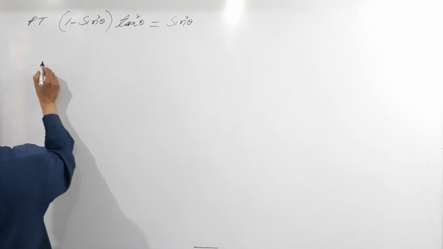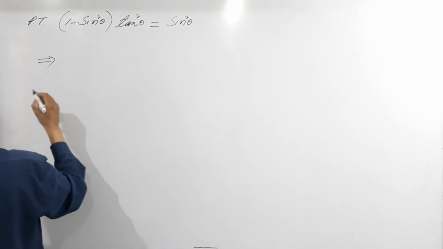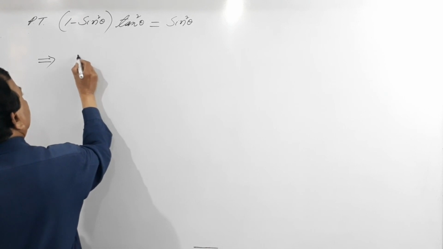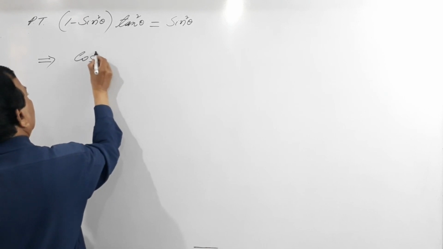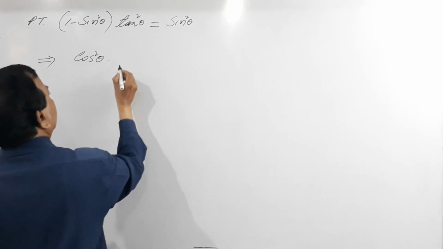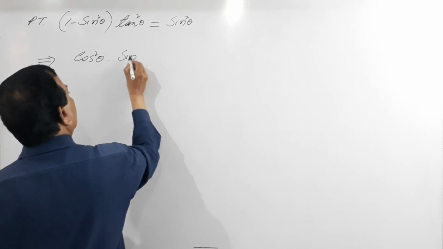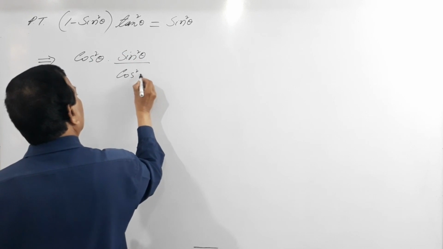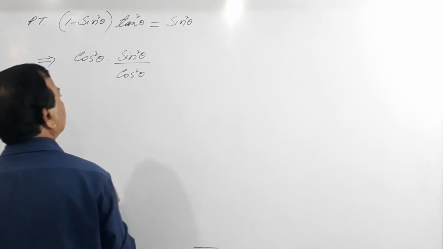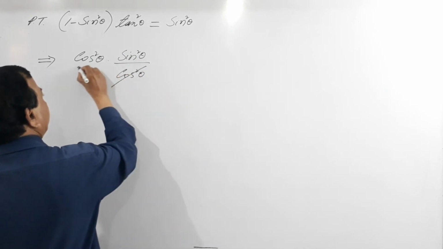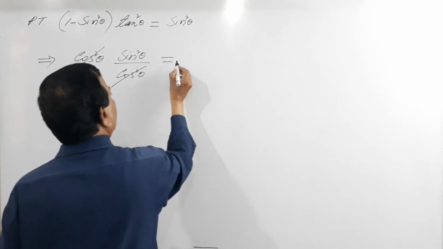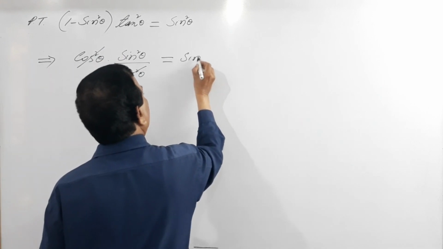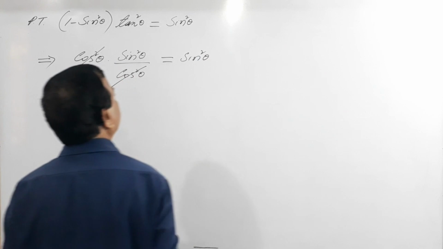So let's not waste time. This becomes what? This is cos square theta into sin square theta by cos square theta. So cos square cancels. You are left with what? Sin square theta.